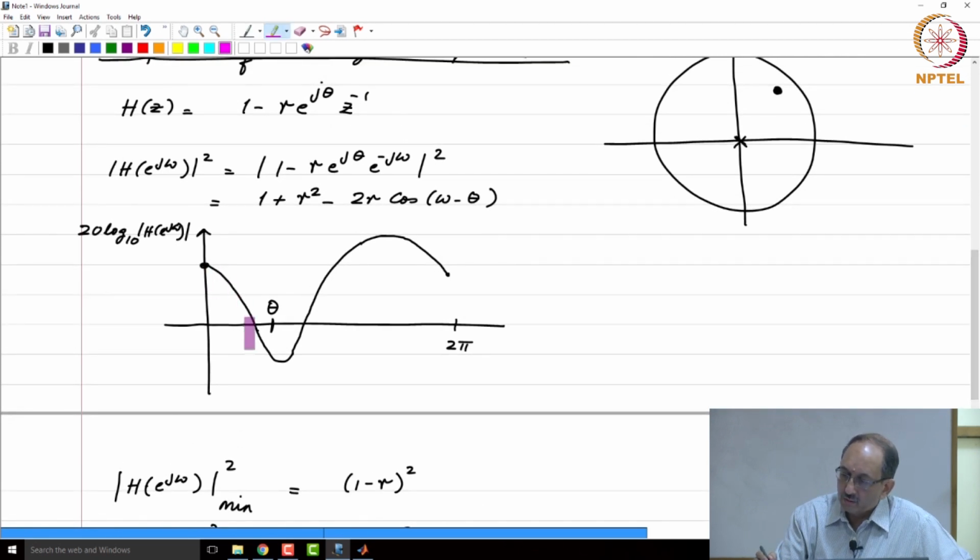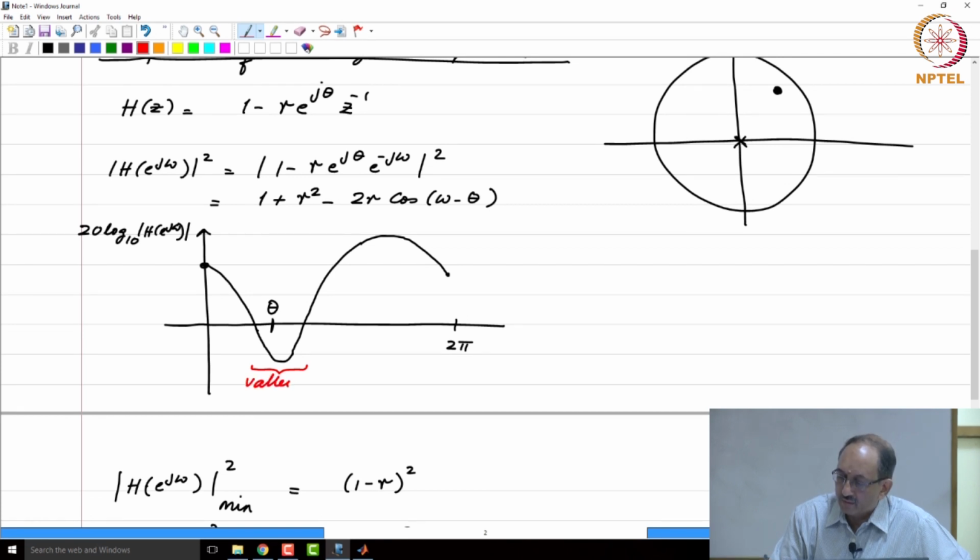So, note that on a linear scale, this will be precisely a cosine, but on a log scale, you have this, and all our qualitative description of the frequency response will be based on the picture that we see on the log scale. And you see that on the log scale, this is the valley, this is contributed by the zero.